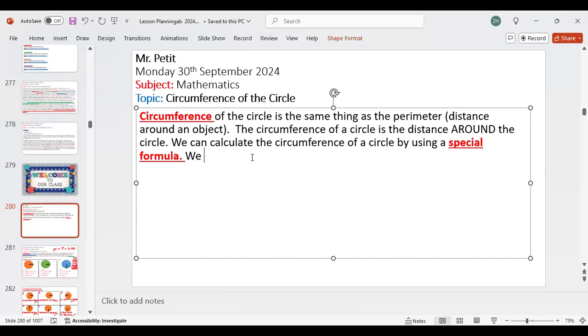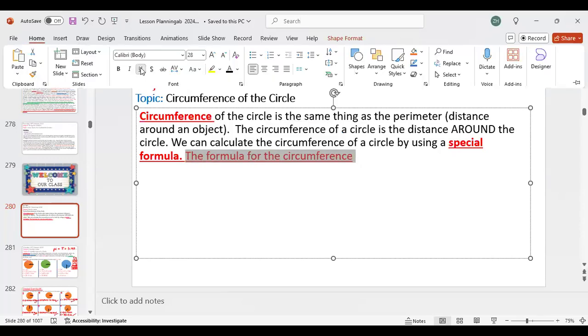Very good question. The formula for the circumference, what is the formula?